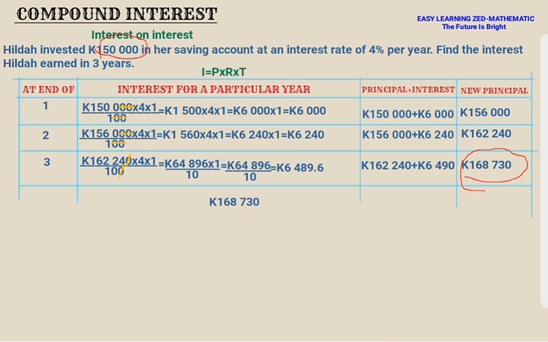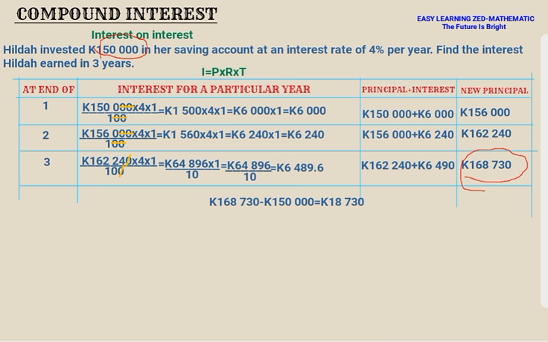He would have invested 150,000 kwacha. So we're going to say minus that. Then when you subtract that, it's going to give you the difference of 18,730 kwacha. That is the interest she earned in 3 years.